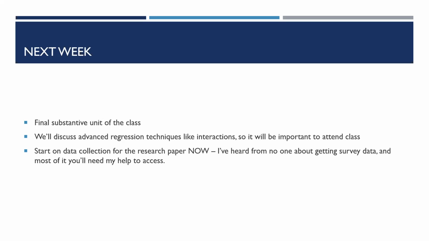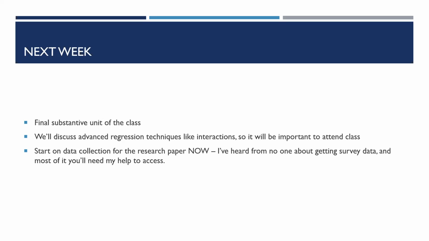It'll be really important to attend because we're talking about logistic regression, which is something you're going to read a lot about in your political science classes, though not necessarily perform in here. And then we're going to talk about some of those advanced regression techniques, such as interactions, which probably the majority of you will want to have a hypothesis about and test for in your final paper. And the interpretation can be a little tricky sometimes, so we want to just practice that again.